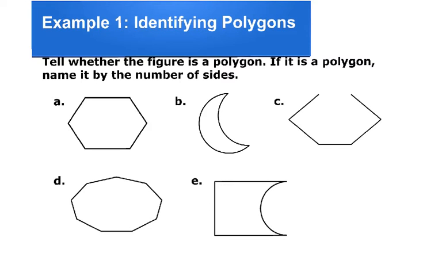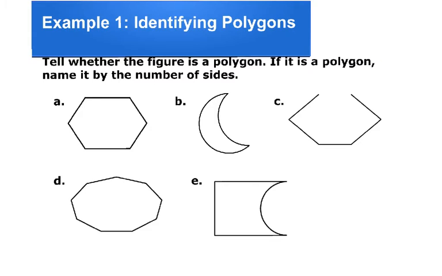Okay, in this example, we're going to be identifying some polygons. We're going to tell whether the figure is a polygon according to the definition we had and its points about polygons. And if it is a polygon, name it by the number of sides it has.